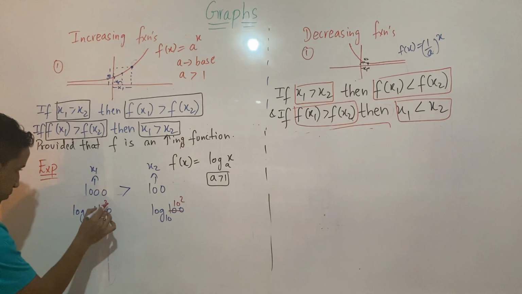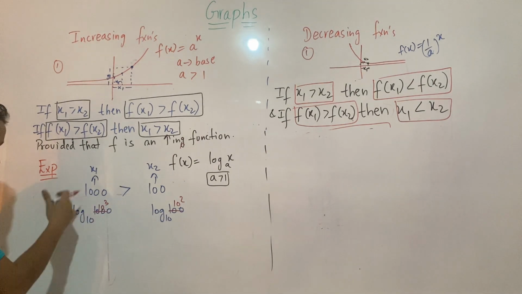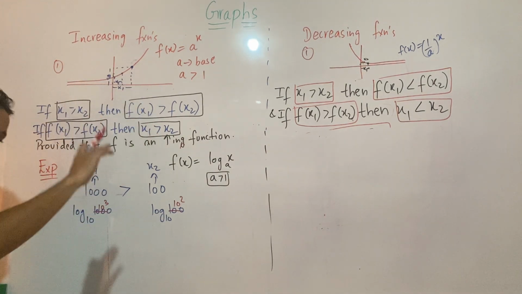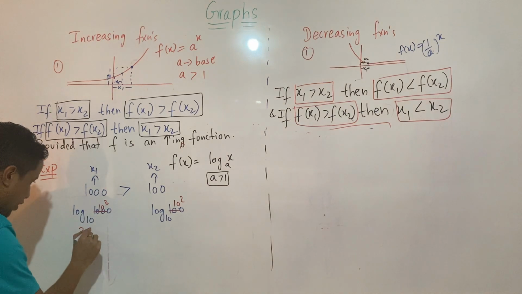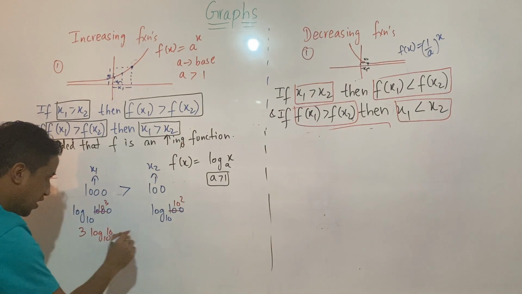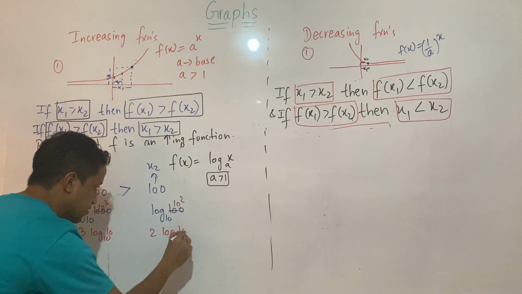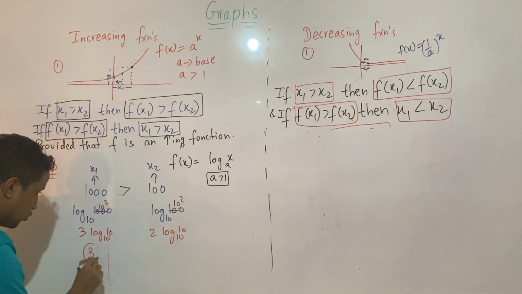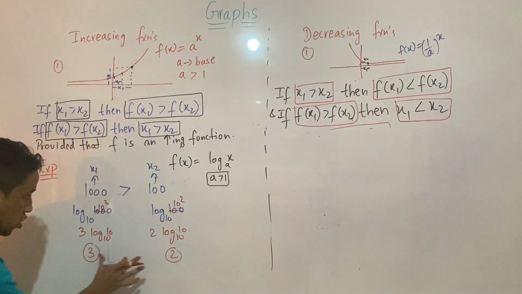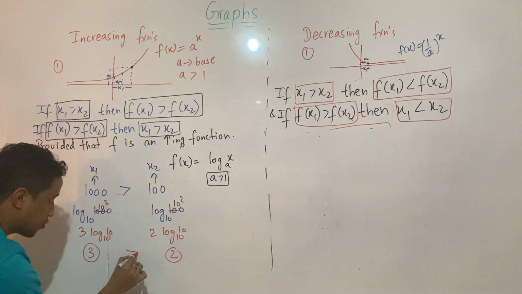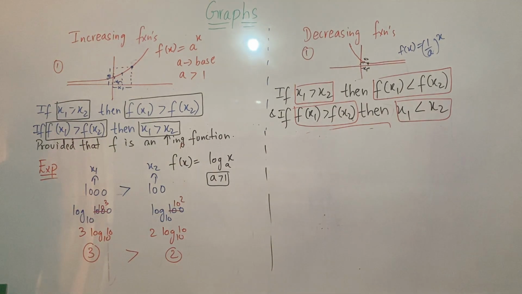So this is going to be 3 log of 10 to the base 10, and 2 log of 10 to the base 10. So the value is 3, and the value is 2. You can clearly see that 3 is greater than 2.